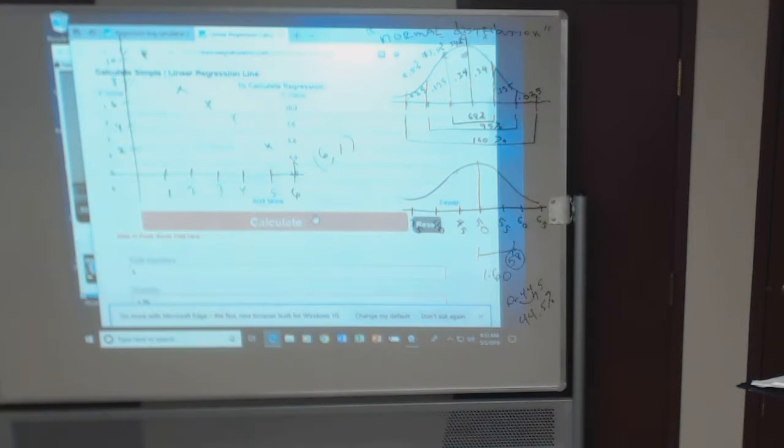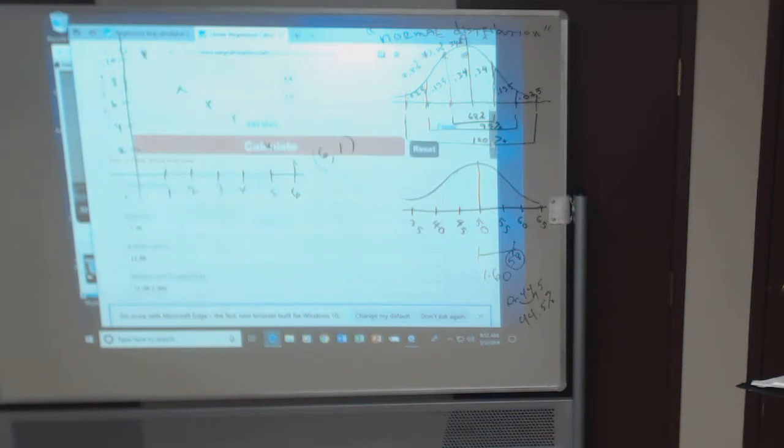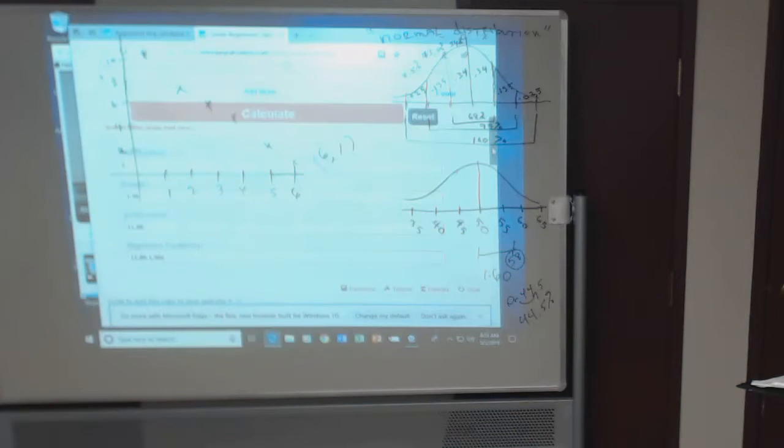Okay, write those numbers down: the slope, the y-intercept. Or you could just write down the regression equation. Y equals 11.88 minus 1.96x. See how it's got those two numbers in the equation there?